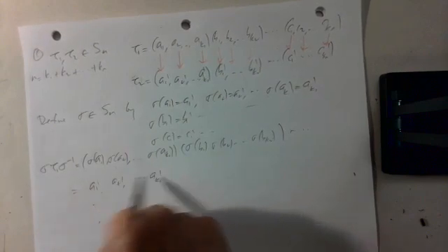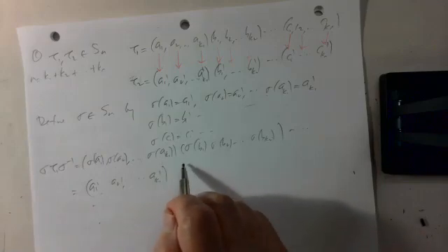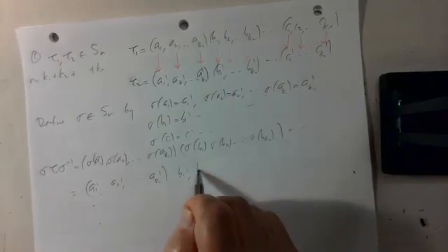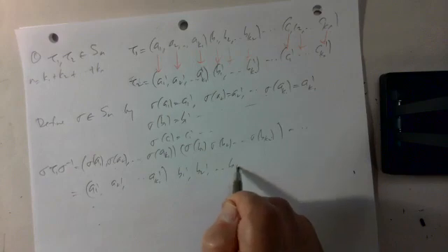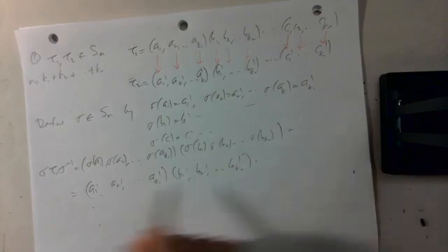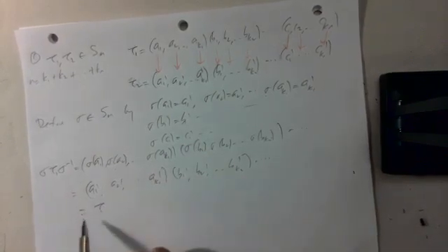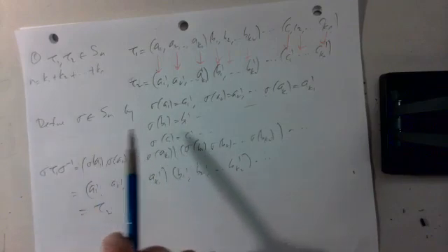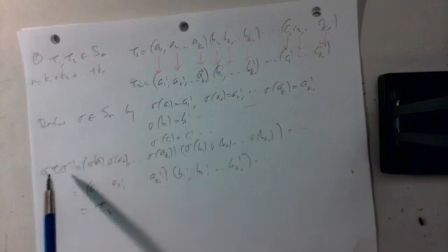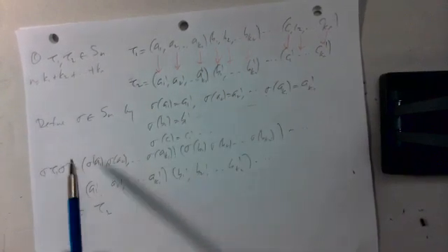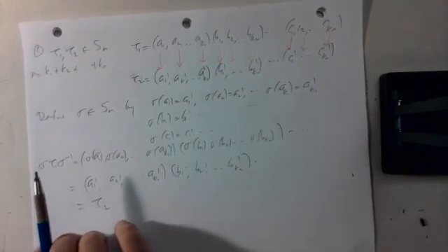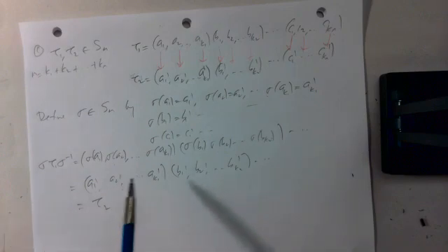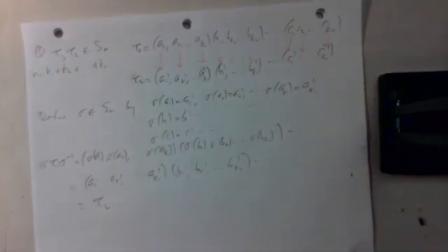This is A sub K1 prime. This is B1 prime, B2 prime, up to B sub K2 prime, and so forth. And that's tau 2. So I just constructed a permutation such that when I conjugate tau 1 by sigma, I get tau 2. That's true so long as these two permutations have the same kind of cyclical decompositions.